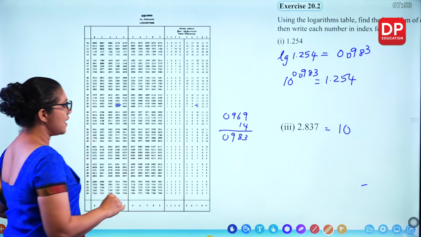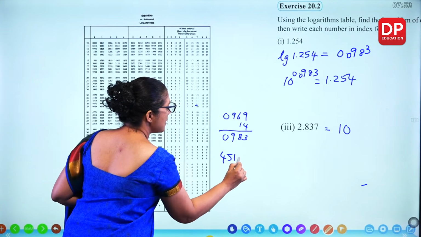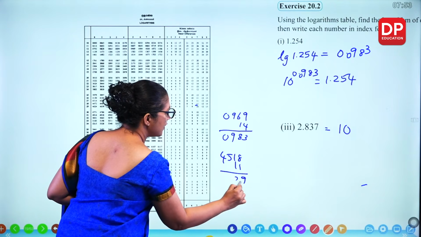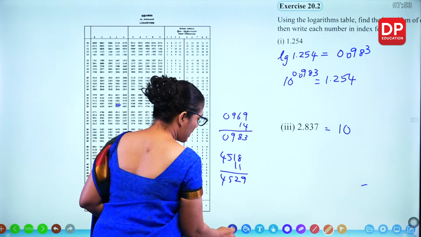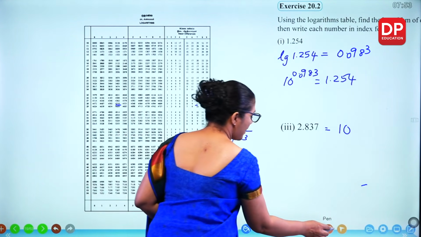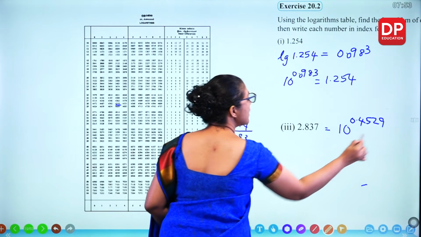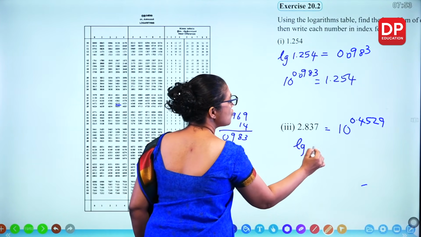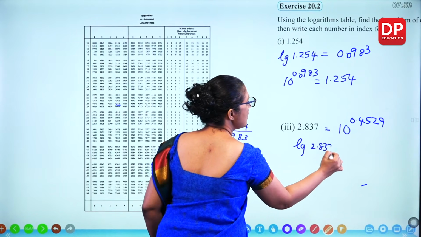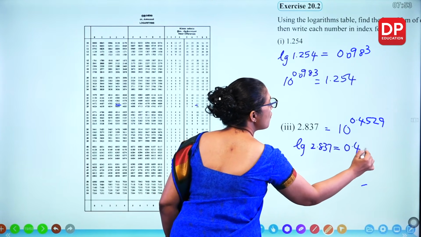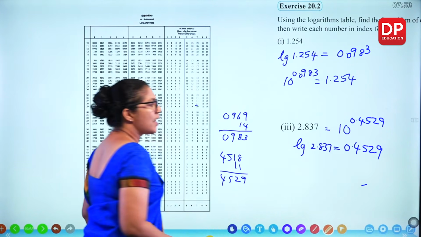So 4518 add 11. 4529. So I can write here 4529. So LG of 2.837 is 0.4529.